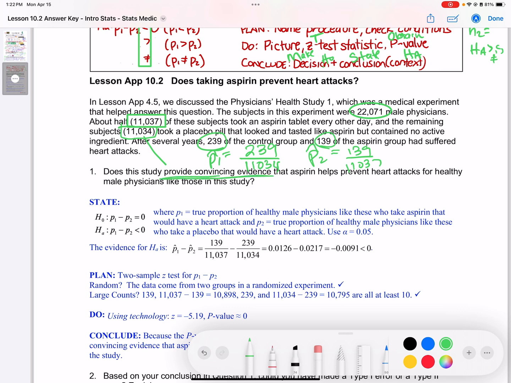When it says that, that tells me to do a hypothesis test. So I'm going to state, as I talked about before, that you could actually state what P1 is and what P2 is.